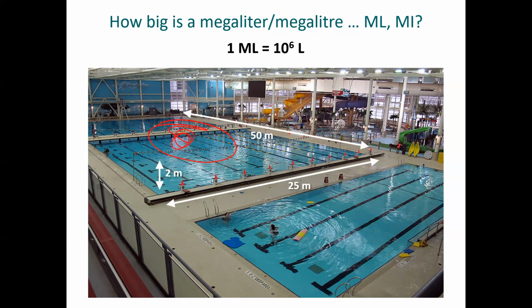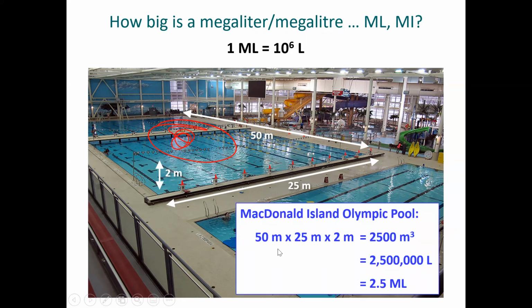It's 50 meters long and 25 meters wide, and then it's 2 meters deep. So if you do this math, 50 times 25 times 2 is 2,500 cubic meters, which is basically 2.5 megaliters.